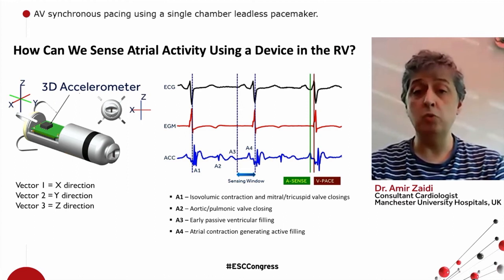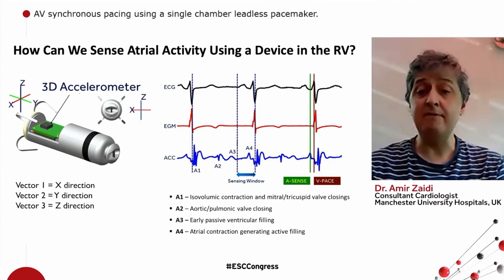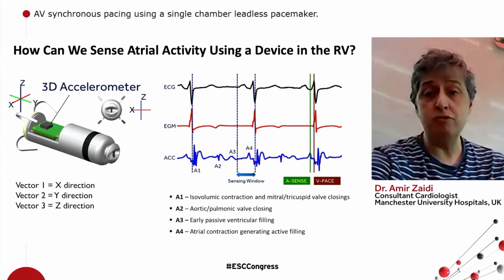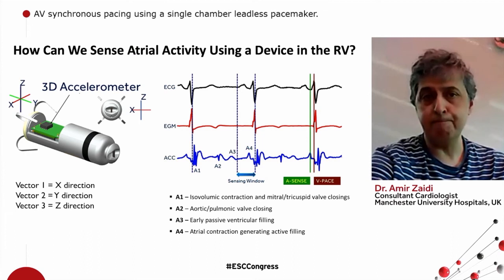The A1, which is the first heart sound, A2, which is closure of the aortic and pulmonary valves, but the 2 important ones are A3, which represents passive ventricular filling, and A4, which is atrial contraction. And by using A4 to trigger ventricular pacing, we can now provide AV synchrony.